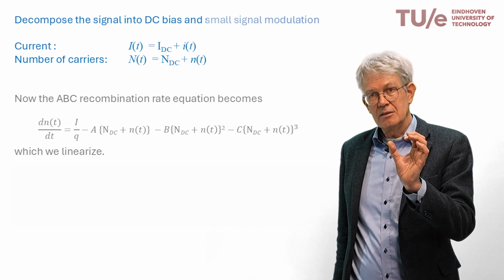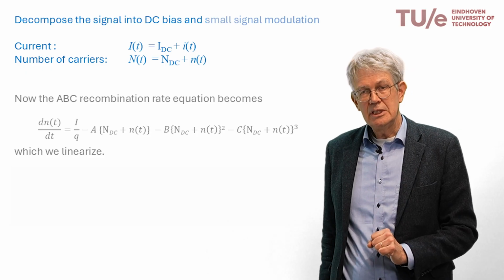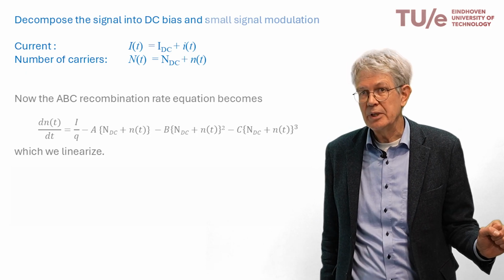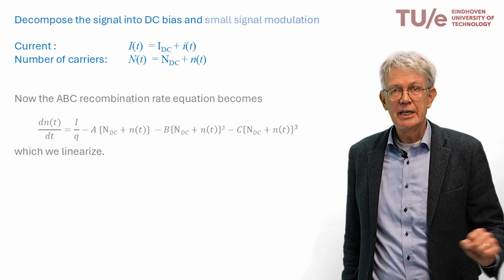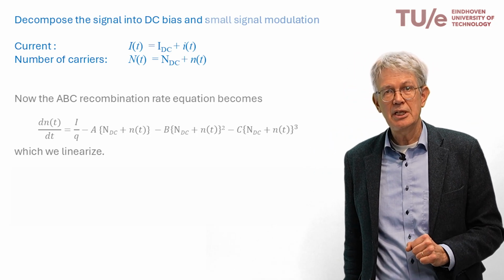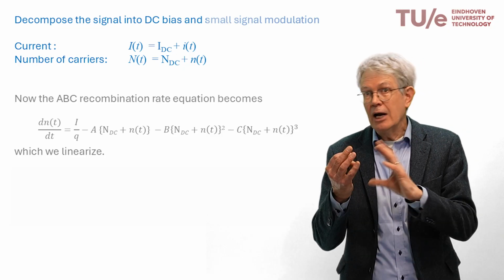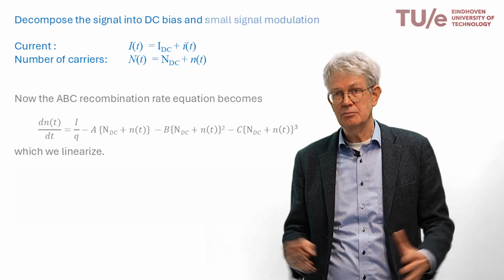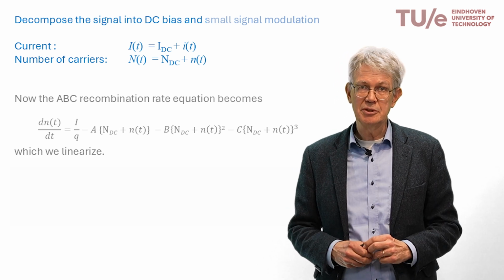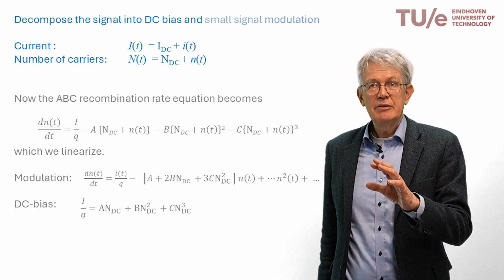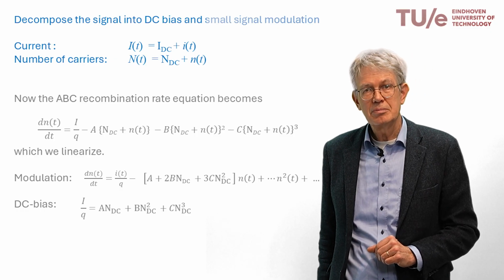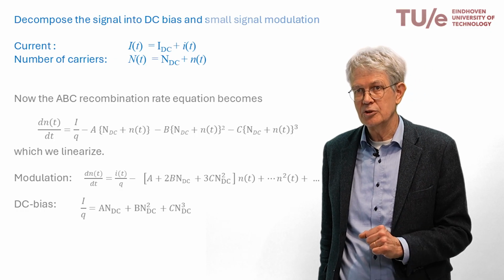And I can write these terms into the expression, into the recombination rate differential equation. And then the change of n is proportional to the current that comes in, plus, and now I have to take care of all these terms. The DC term plus the small signal variation. But if I write out this full expression, I can just take out the terms that are relevant, that are large enough to consider.